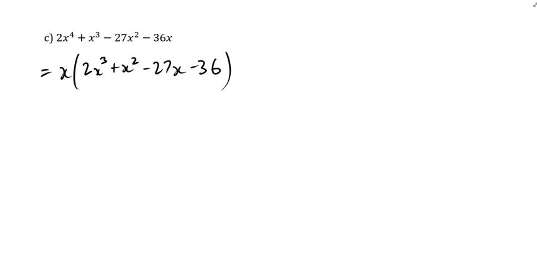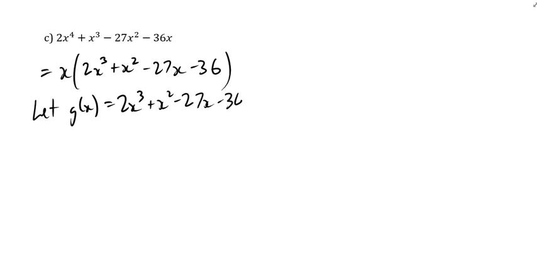Okay, so now when I look at that, I think probably I'm going to have to factor this the new way. So we're going to say let g at x equal 2x cubed plus x squared minus 27x minus 36. So we're looking for something that makes g at x 0.